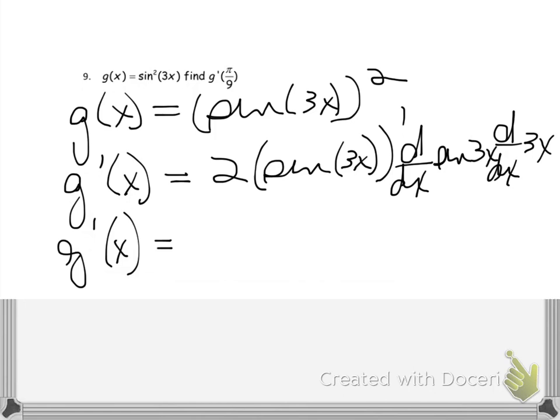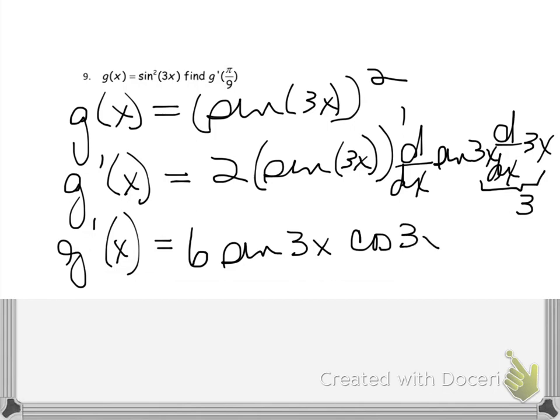Working from the back, the derivative with respect to x of 3x is just 3. 3 times the 2 is 6. That comes in front. The derivative of sine 3x is just cosine 3x.